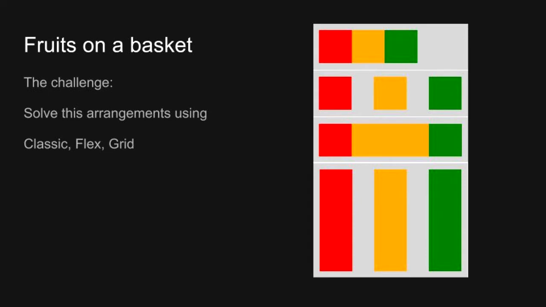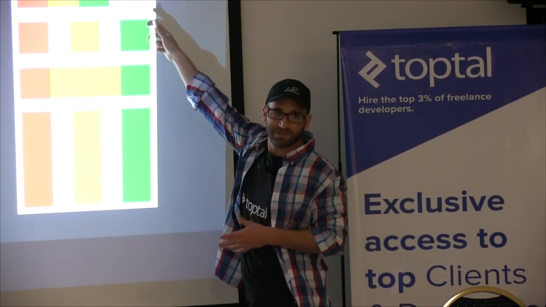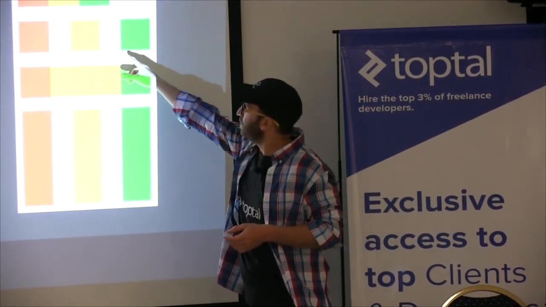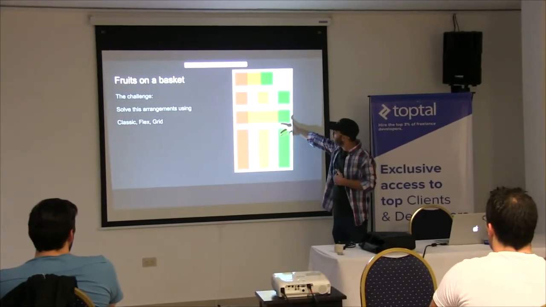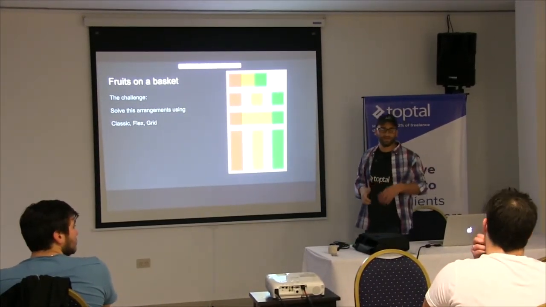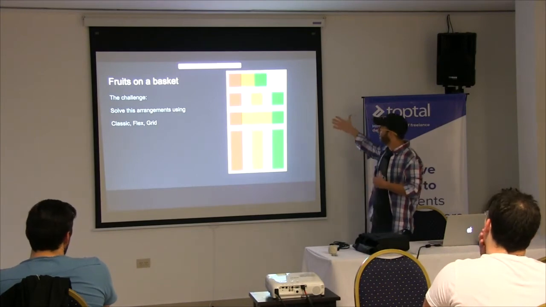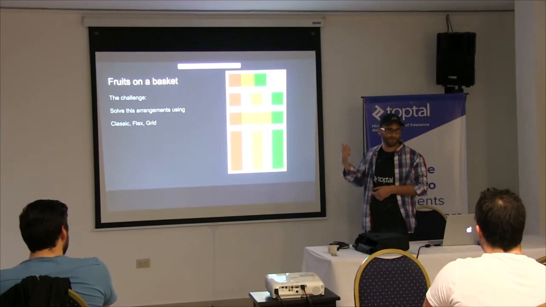This is much simpler than that. The idea is first we are going to tackle this layout, which is straightforward. Then we're going to do this, add some complexity, and these other two examples are also hard to accomplish with classic CSS. It can be done, but the idea is with this we can illustrate how easy it is to solve the same problems with new technologies.